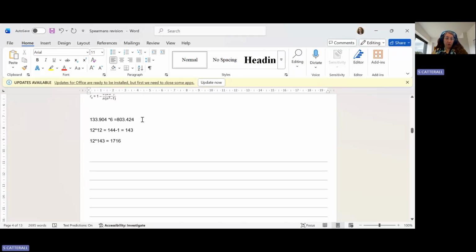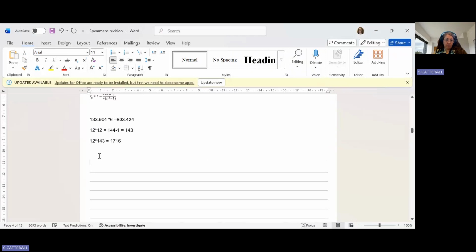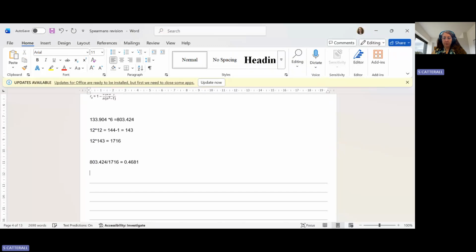And then we want the 803 divided by this one. So let's see what that is: 803.424 divided by 1716. So that is 0.4681. I've got to take all that away from 1 to get what our correlation is.